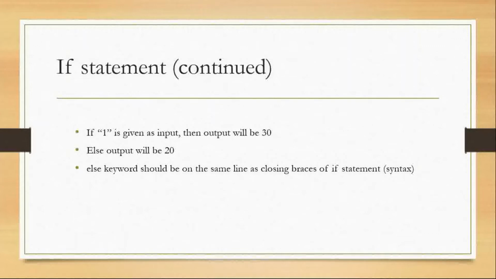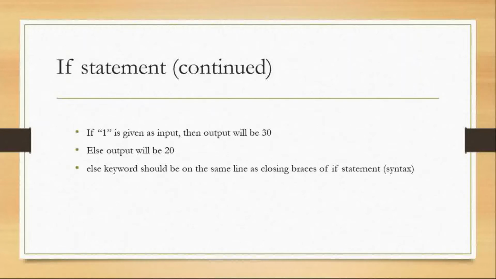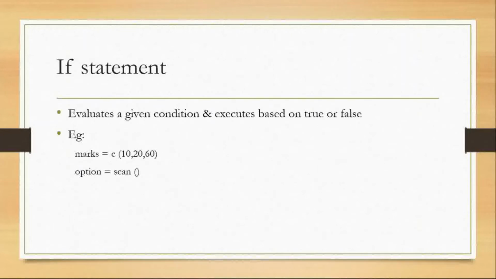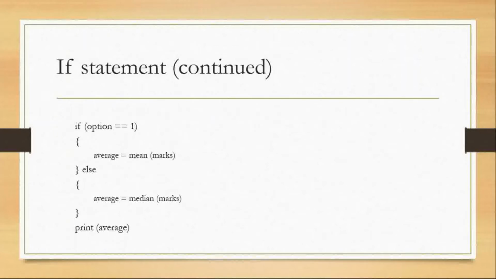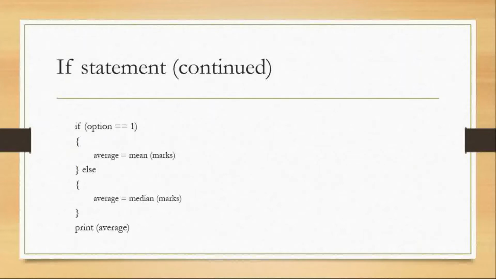If 1 is given as input, then the statement inside if, that is mean of marks, gets executed, and hence we get the output as 30. 60 plus 20 is 80, plus 10 is 90, by 3 is 30. If any input other than 1 is given, the statements inside else get executed, and we get median as output.